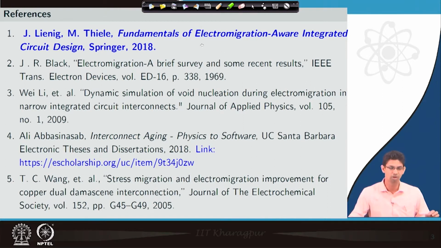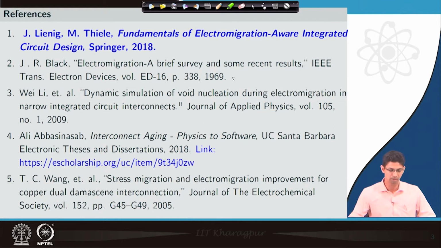The predominant reference which I am referring to is this Springer book on fundamentals of electromigration aware integrated circuit design. This book is authored by Lienig and Thiele. And we will be referring to this book in this lecture and in the next lecture extensively.